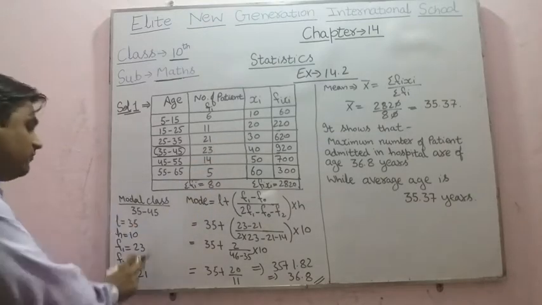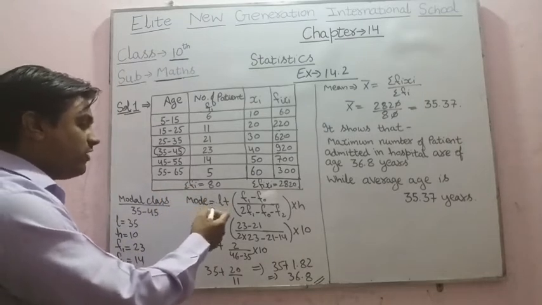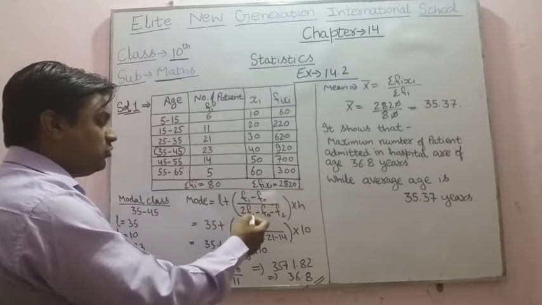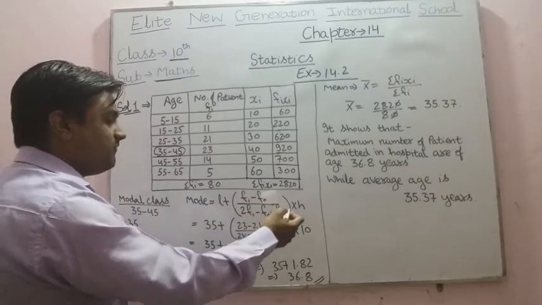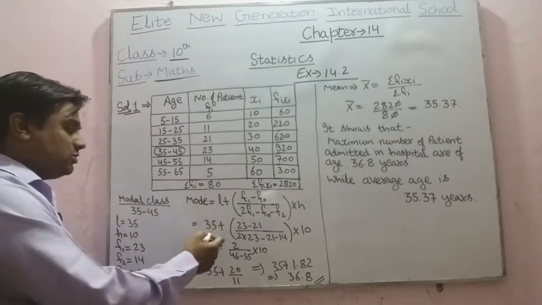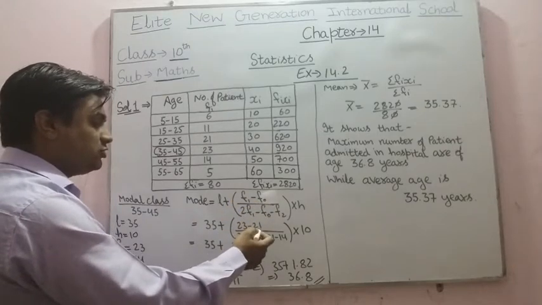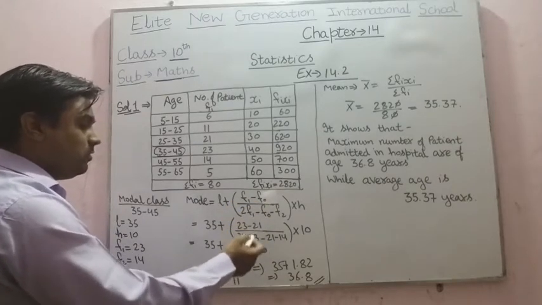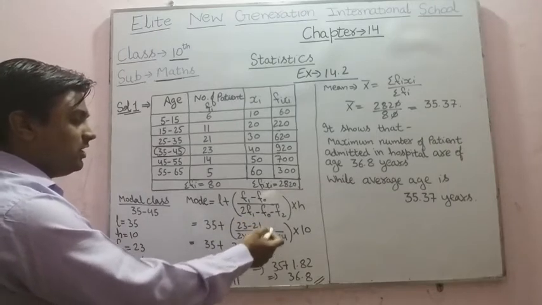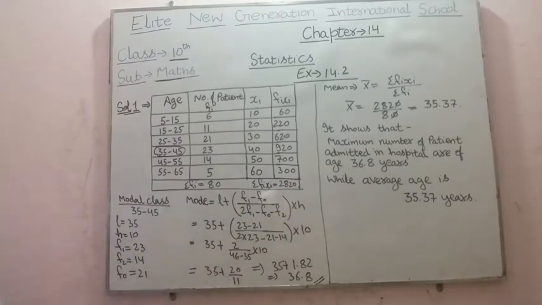Now with the help of this information we can find the mode. The formula for finding mode equals L plus f1 minus f0 upon 2f1 minus f0 minus f2, into h. Putting in the values: L equals 35, f1 equals 23, f0 equals 21, f2 equals 14, h equals 10.